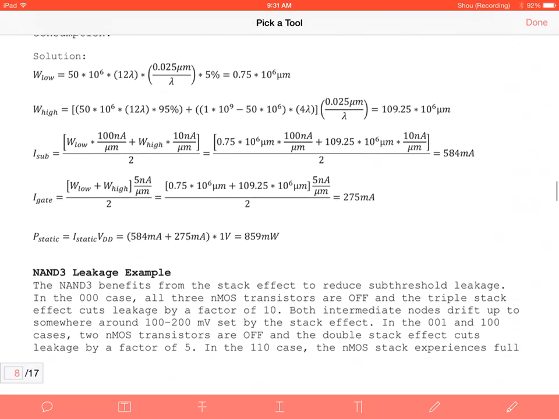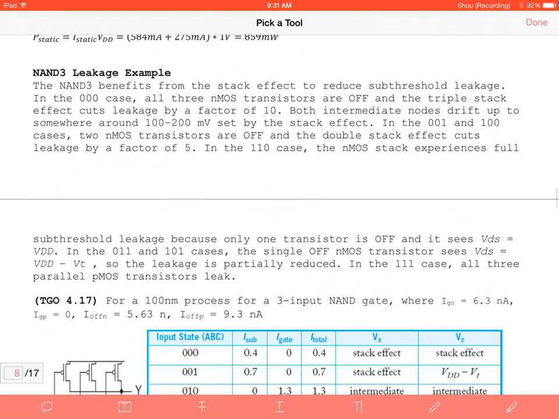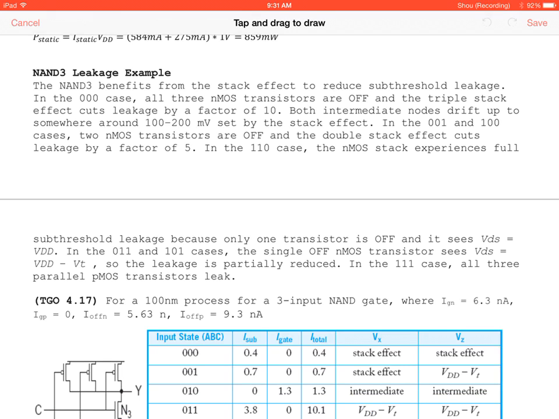All right, so to illustrate this a little further, I have included an example of a 3-input NAND gate. It benefits from the stack effect even further. So we have this supply voltage, and recall we have 1, 2, 3 PMOS transistors in parallel.